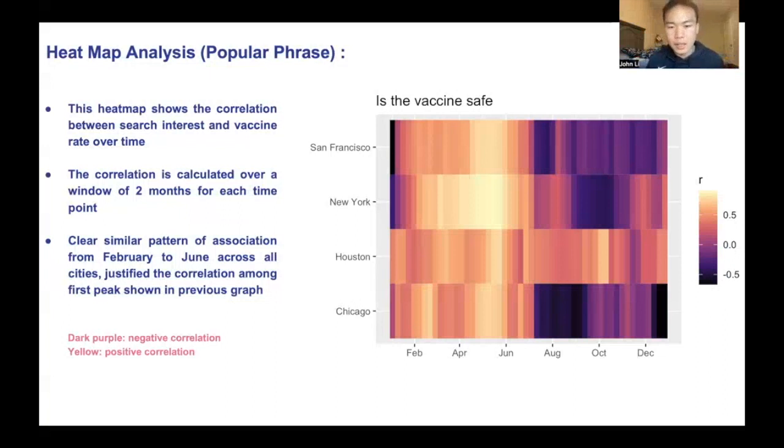If the color is light red or light purple, it means the association is really weak. We found similar patterns of association from February to June across all cities. They are all bright colors, yellows and reds, which justified what we saw previously, that during the first peak of the vaccination, there is a strong correlation.